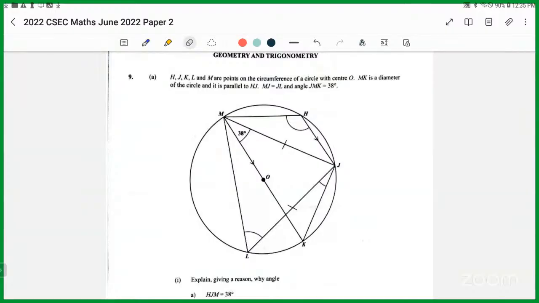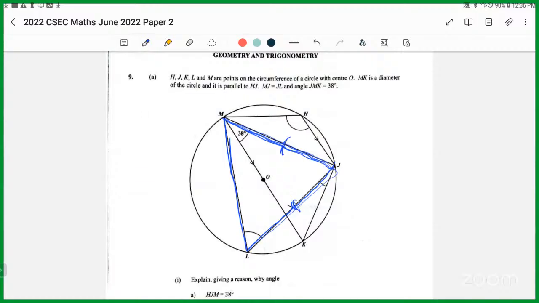What else do they say? They said MJ equals JL. So two sides are equal, so the lines are marked. Once you see this mark on a line and a mark on another line, it means that they're equal. Once you see that, it means that this is an isosceles triangle, guys, with these two sides equal.